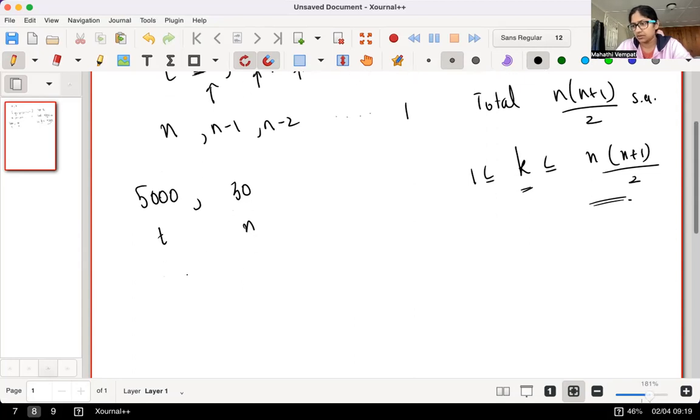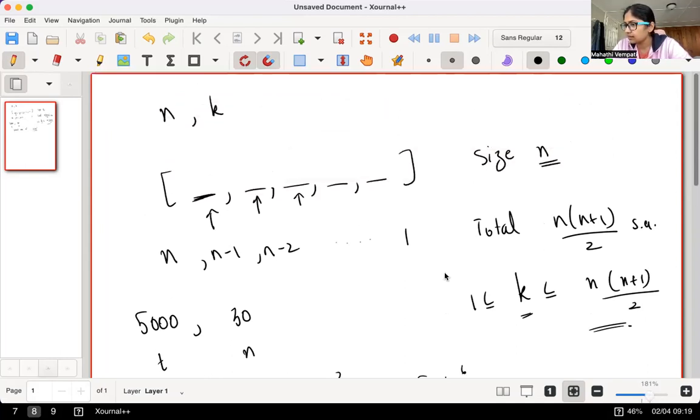Yeah, N square is okay because that is 5,000 into 900, which is like 5,000 into 1,000, like 5 into 10 to the 6. Yeah, I think we can do an N square solution.